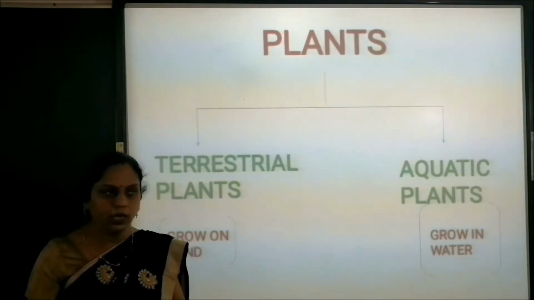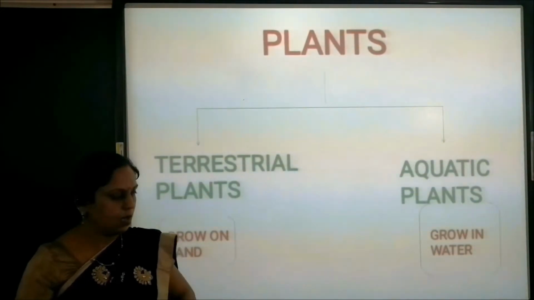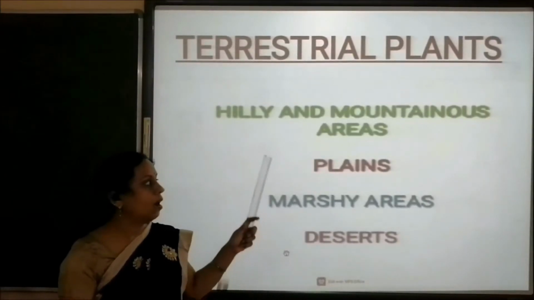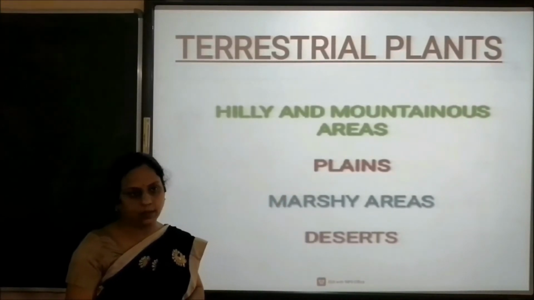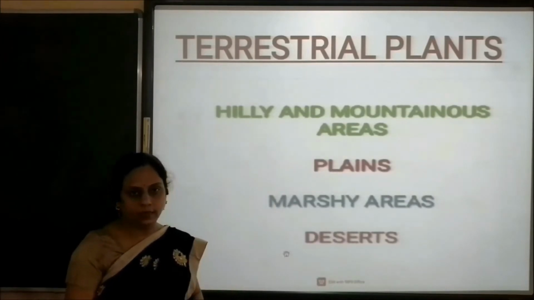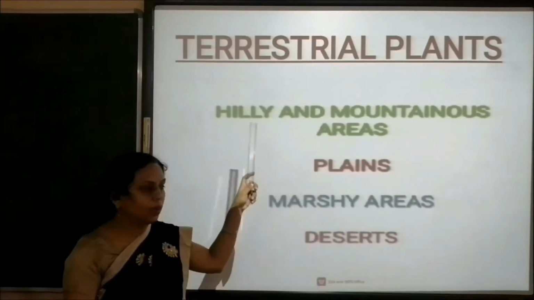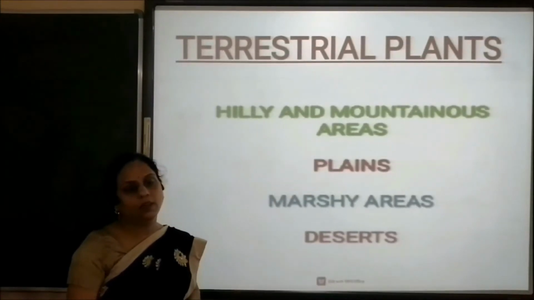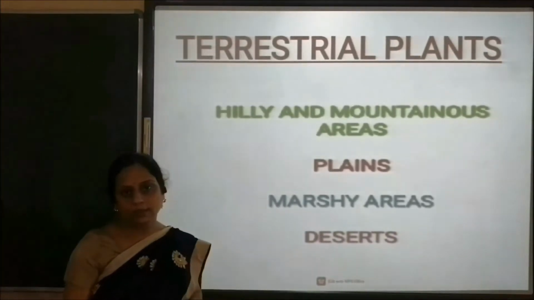But in this session I will explain the terrestrial plants. These terrestrial plants are found in hilly and mountainous areas, plains, marshy areas and deserts. So we will discuss one by one the trees which grow in these areas.